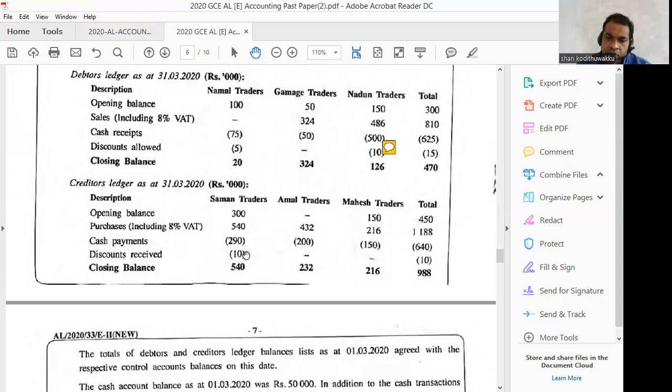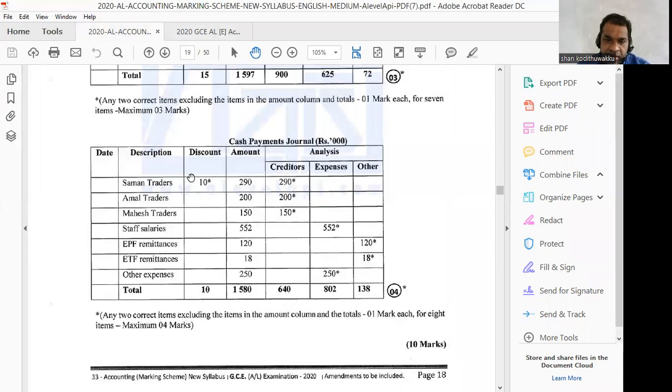Therefore, in the discount column, we can mention 10 related to Saman traders, because in the cash payments journal we mention discount received also. Then the net amount 210, and again in the analysis column under creditors, we have mentioned 290. 290 is the amount paid. Discount received separately 10.